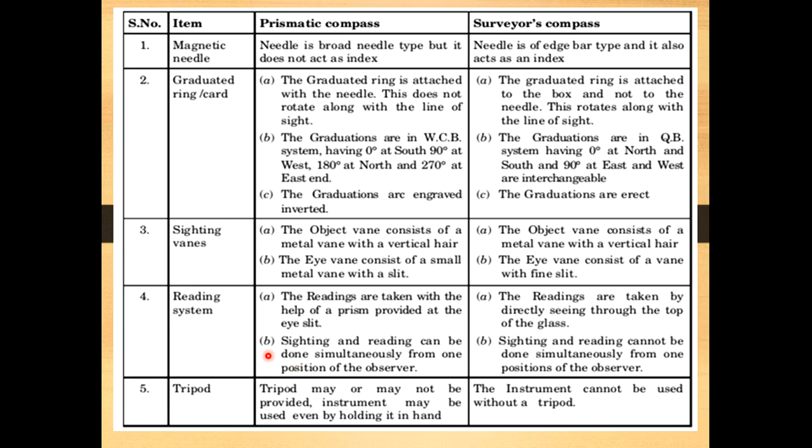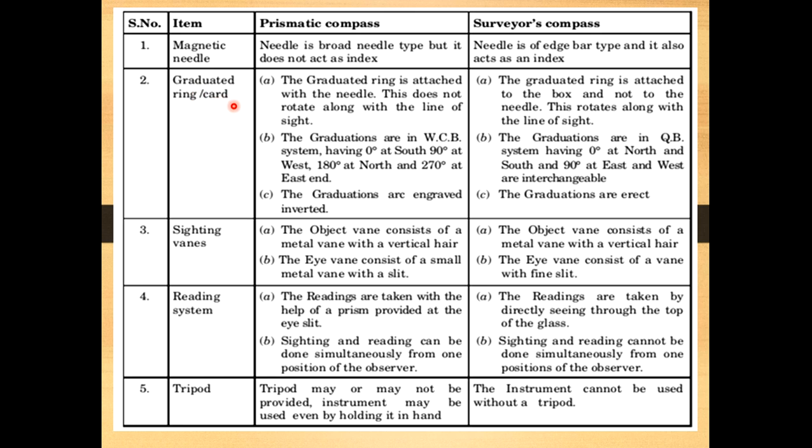Okay. So these are the component-wise differences between the prismatic compass and the surveyor compass. First is the magnetic needle. In the prismatic compass, the needle is a broad needle type, but it does not act as an index. The surveyor compass needle is an edge bar type, and it also acts as an index.